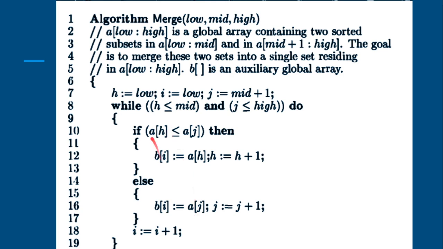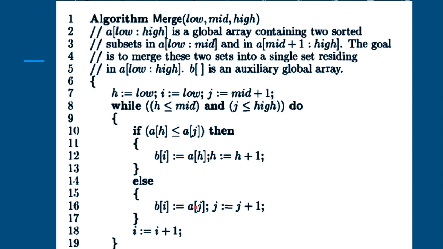So what is the condition? If a of h is less than a of j, then we copy the value of a of h into b of i, which means you copy the lower value to the B array, and we increment the h index. Otherwise, we copy the lower value, which is j. If this is true, the h element is lower; if it is false, the j element is lower.